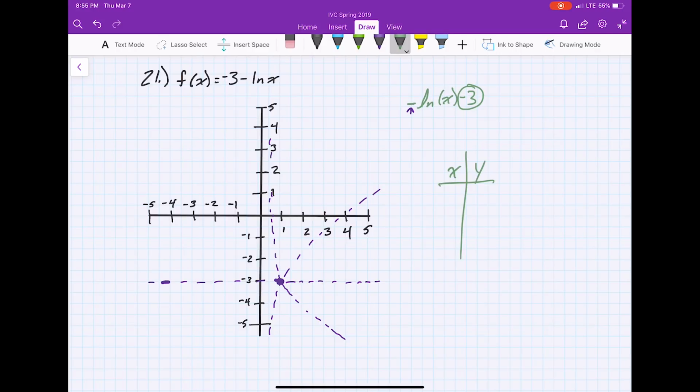So x, y chart, we'll just do one value here. We'll do 2. We'll plug 2 into the function, negative ln of 2 minus 3. Plug all that into a calculator, and we get negative 3.69. So go over 2, come down 3, and then 0.69.